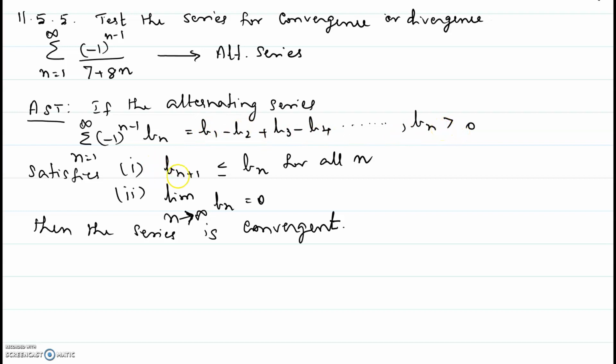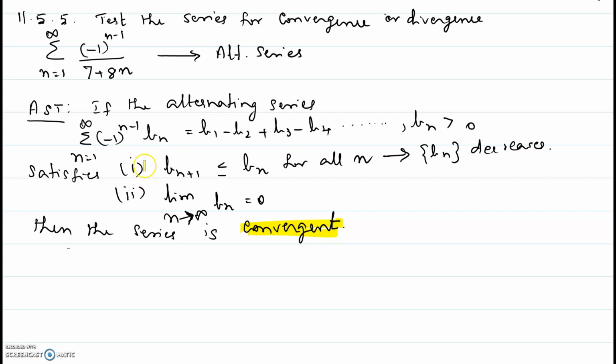If it satisfies condition 1, which is bn plus 1 less than or equal to bn for every n, meaning the sequence bn is decreasing, and condition 2, the limit as n approaches infinity of bn equals 0, then the alternating series would be convergent. That's what the alternating series test says.